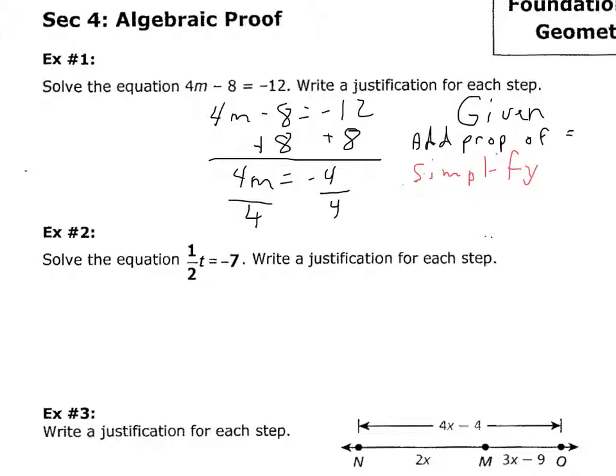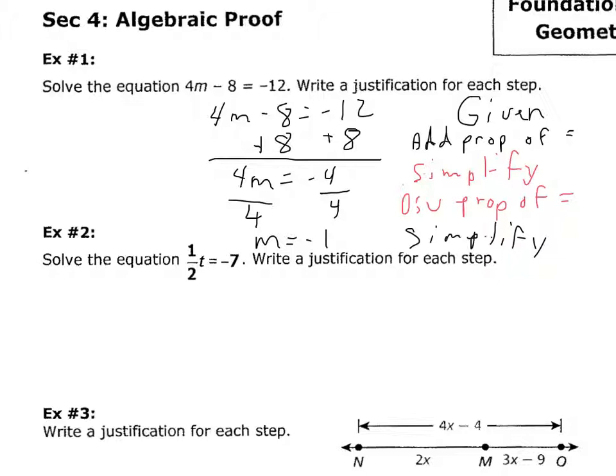But the reasoning for that is by the rule called the division property of equality. Make sure you have that down. And of course, the last step, we're just going to go ahead and solve it out. M equals negative 1. And like we talked about before, whenever you're simplifying, you just put simplify.